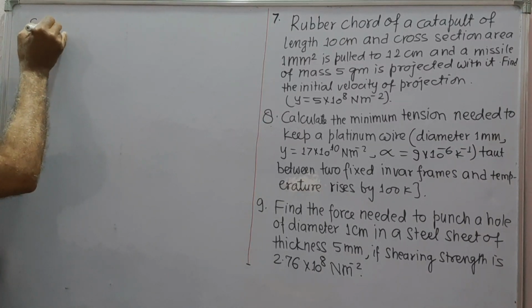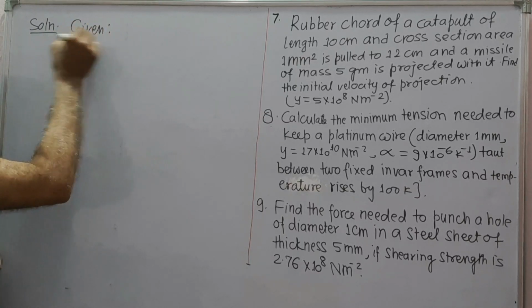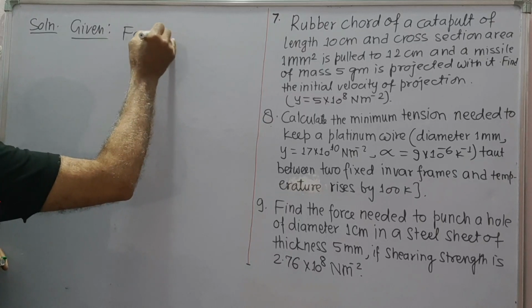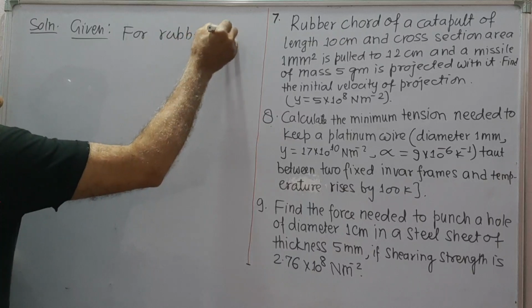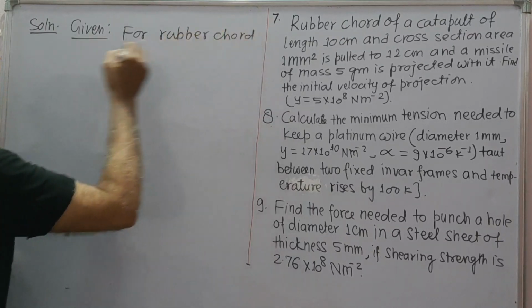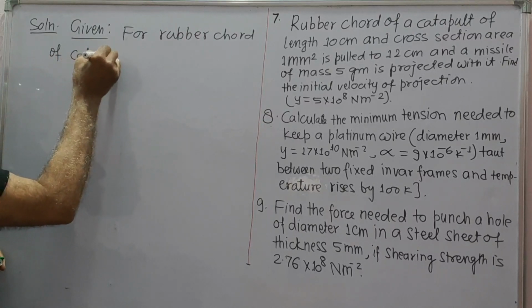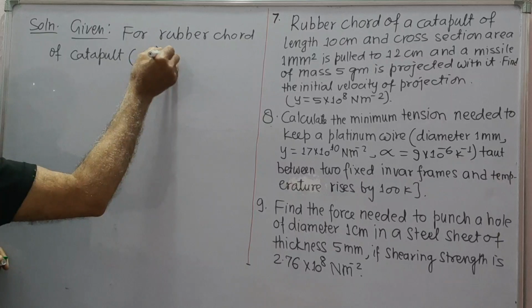Solution. Given for rubber cord of catapult. Catapult means gulel.